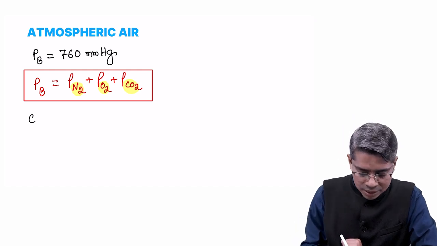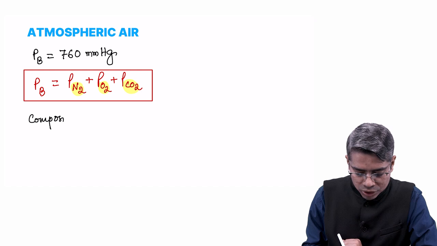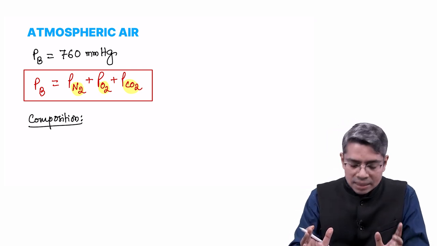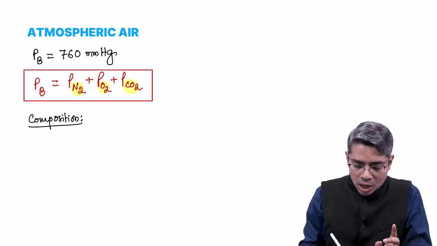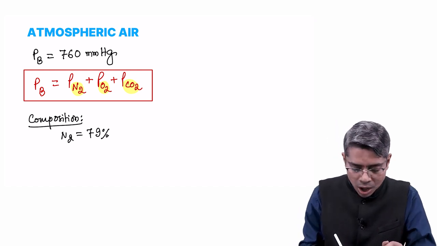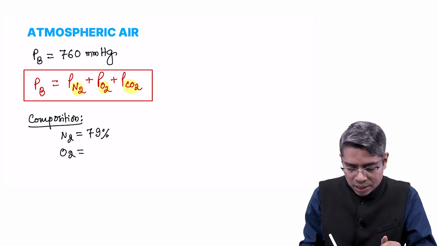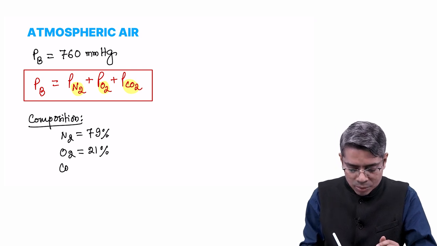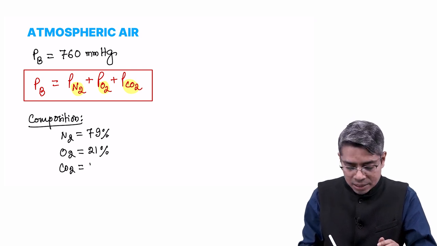Remember that the composition of atmospheric air means if you collect 100 ml of atmospheric air, in that 100 ml, how much nitrogen is there? We all know 79% nitrogen is there. How much oxygen is there within that 100 ml? Approximately 21 ml oxygen is there. And how much carbon dioxide is present in that air? That is very, very less, that is 0.04 percent.